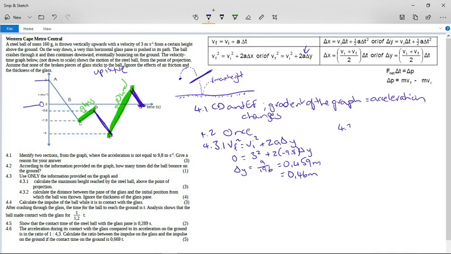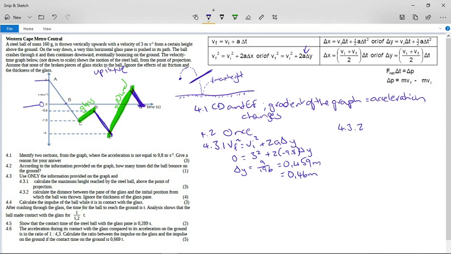It says calculate the distance between the pane of glass and the initial position from which the ball was thrown. Ignore the thickness of the glass pane. Okay, so now you found the distance to maximum height. So if you really wanted to, you could find the distance from here to here and figure it out. But I don't see why you have to do that, because we know the initial velocity.